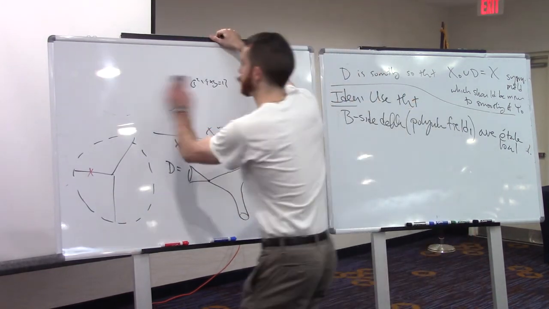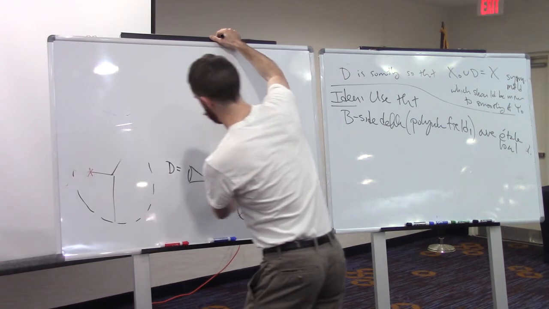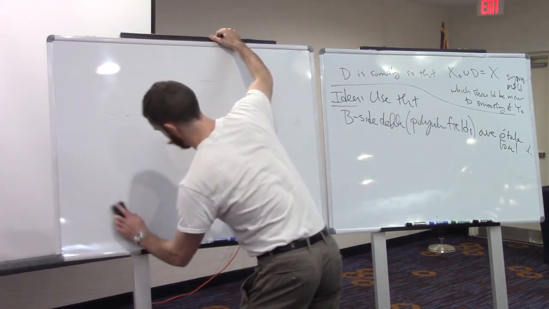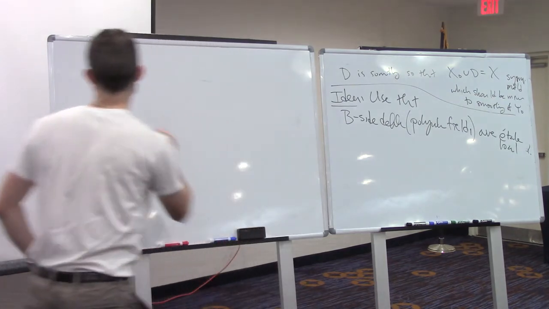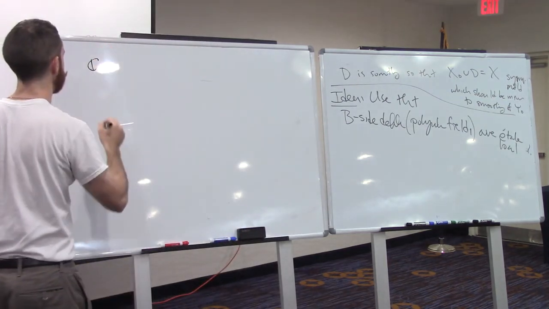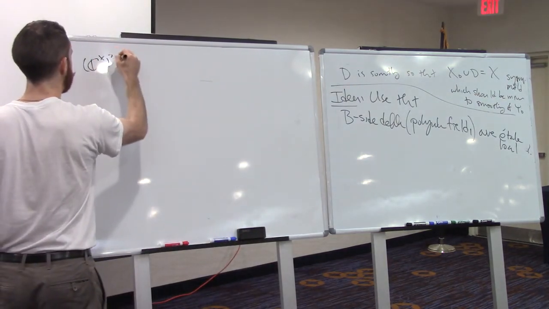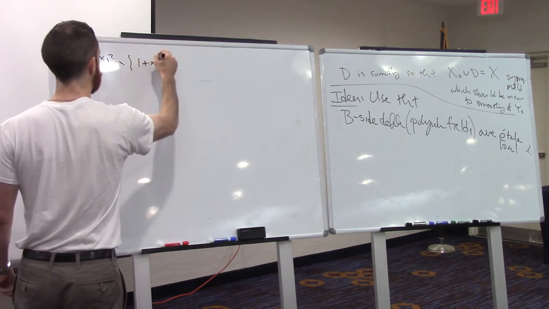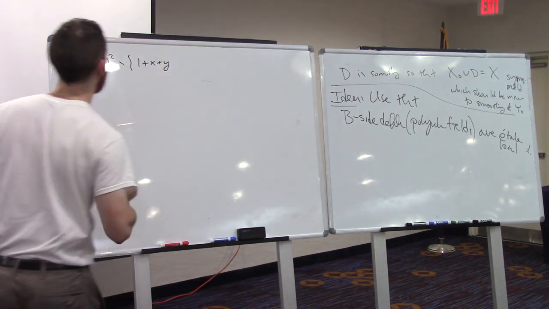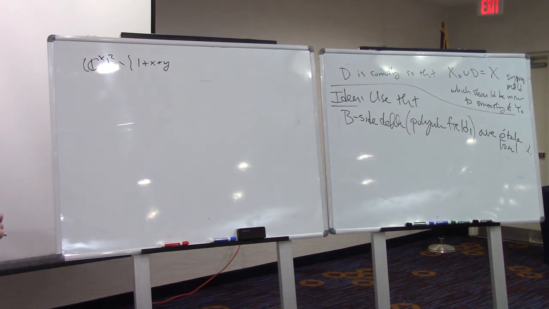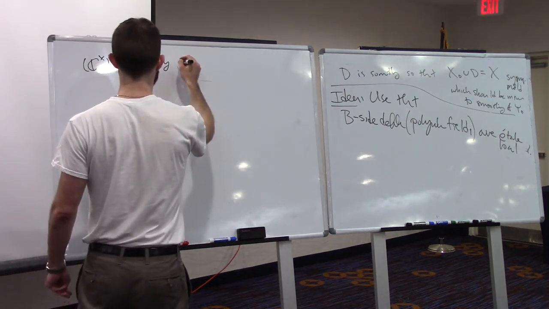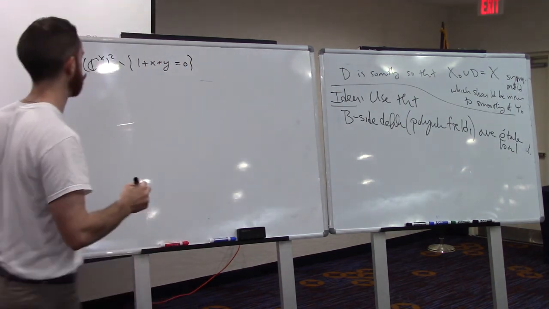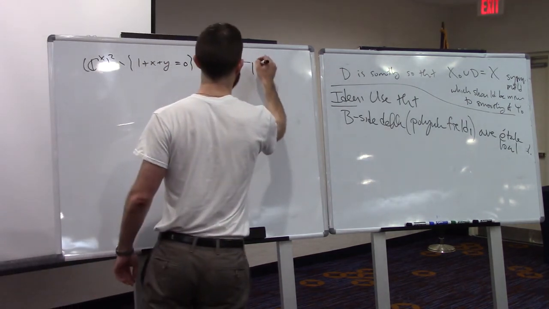Let me do this example, and if I have 1 minute at the end of my talk, I'll write down a Hochschild computation. Suppose I start with (C^*)^2 minus a pair of pants, 1 plus x plus y equals 0.